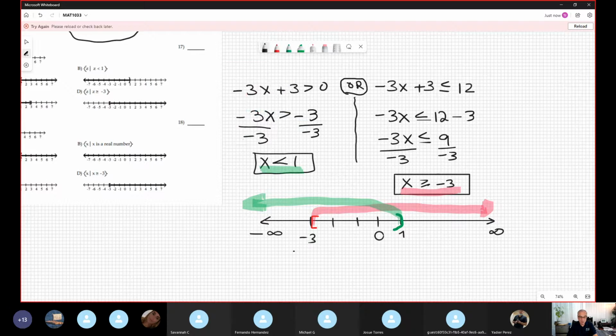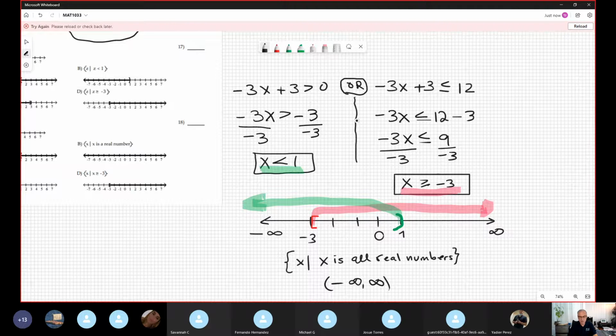Well, curly bracket, x such that x is all real numbers. The way that personally I like so much is from negative infinity to positive infinity. Do you understand this or no?